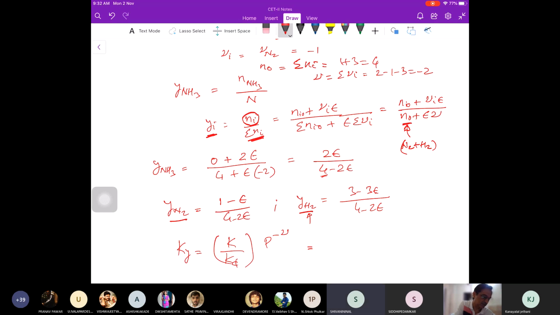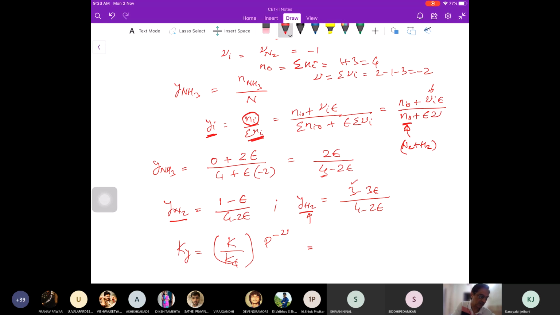Ni0 is 3, और nu I is -3 for hydrogen. So 3 - 3 epsilon, because it's -3 for hydrogen.